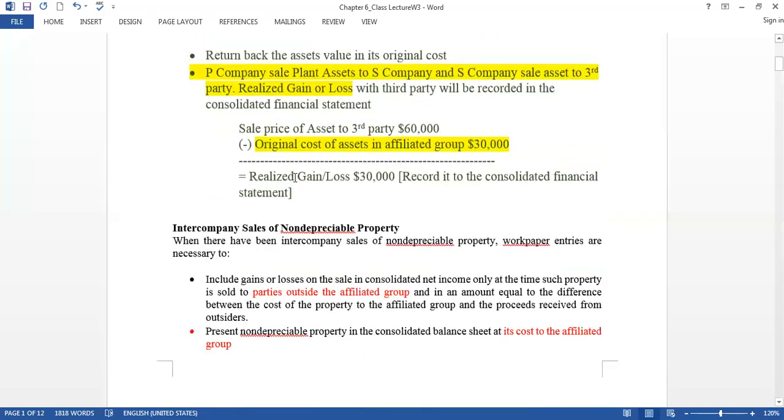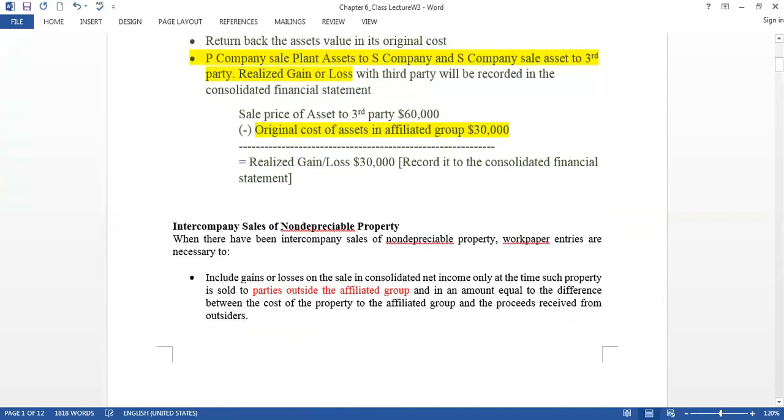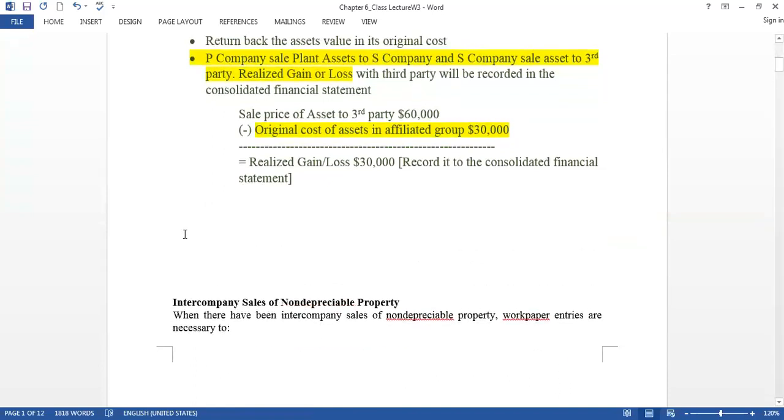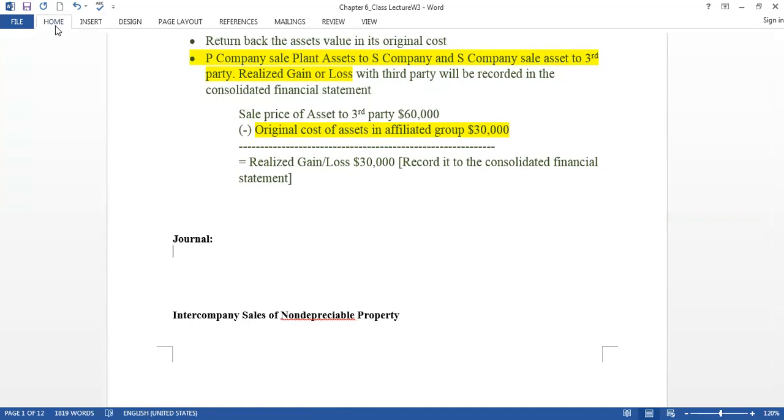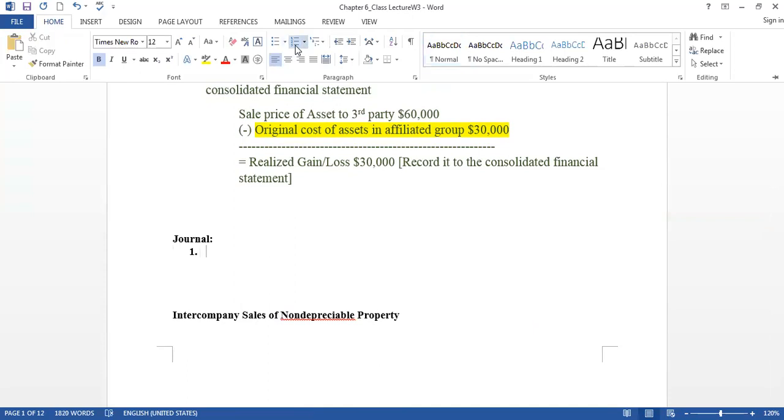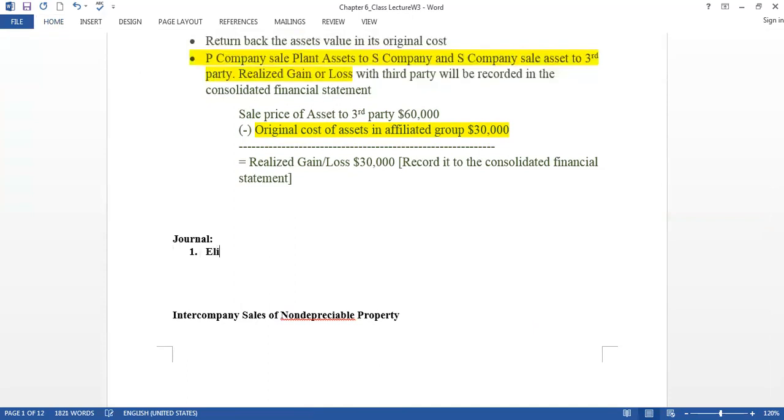So for the journal entry, the first item we already figured out is to eliminate intercompany gain or loss. This is the first journal.